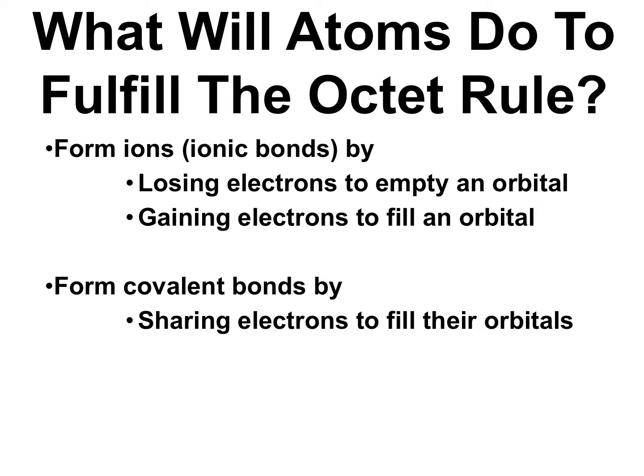Now, what will atoms do to get that full outer shell? Well, atoms will react with other atoms in chemical reactions. Atoms can gain or lose electrons in reactions to satisfy the octet rule, forming ions and ionic bonds in the process. And atoms can also share valence electrons and end up forming covalent bonds.